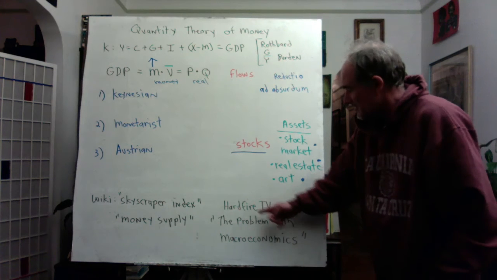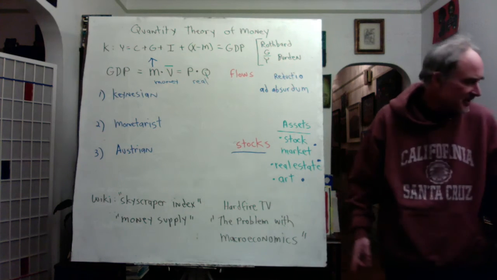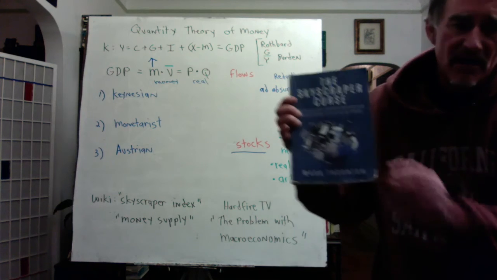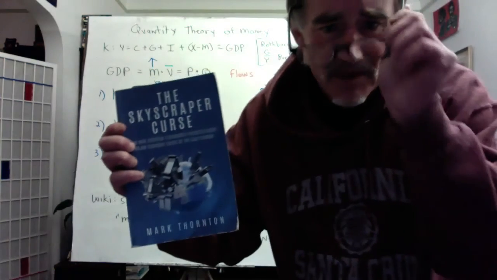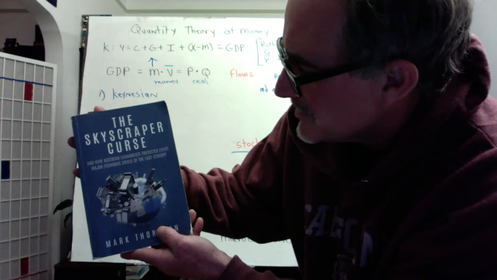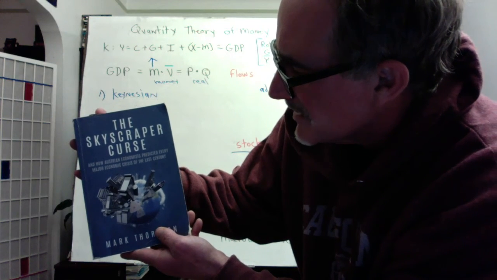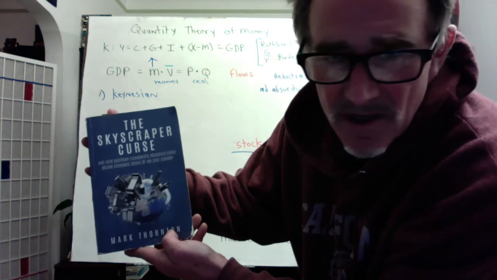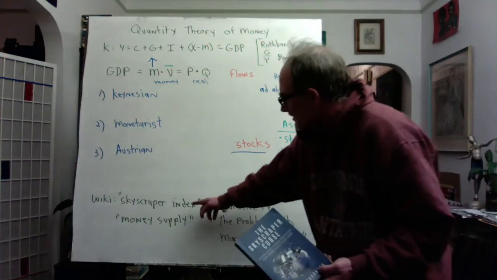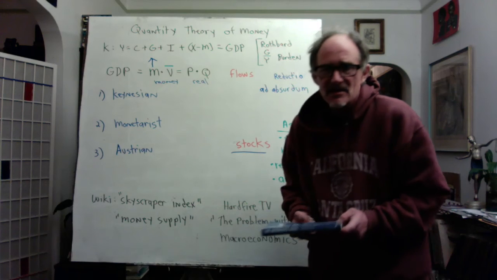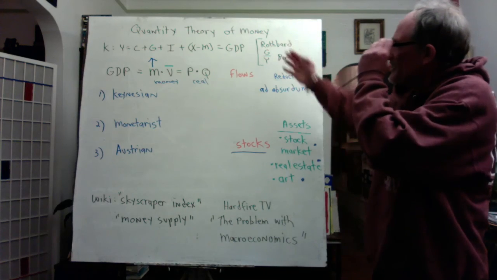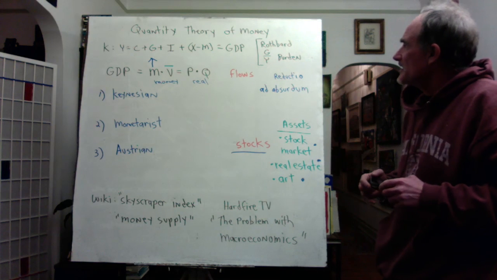And there's a very good recent book about the manipulation of the money supply, the Skyscraper Index, on how Austrian economists predicted every major economic crisis of the last century using the Skyscraper Index idea. And you can read about that Skyscraper Index idea in Wiki. So that completes our lecture module on the quantity theory of money.